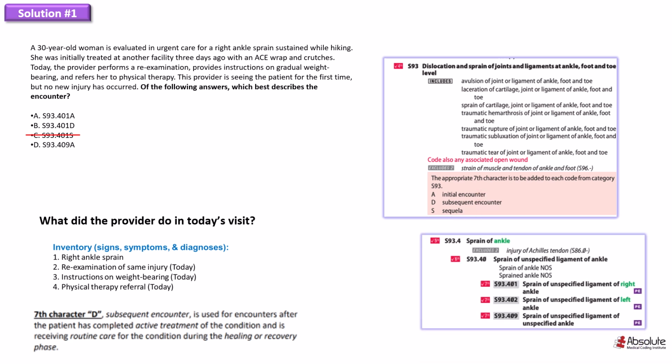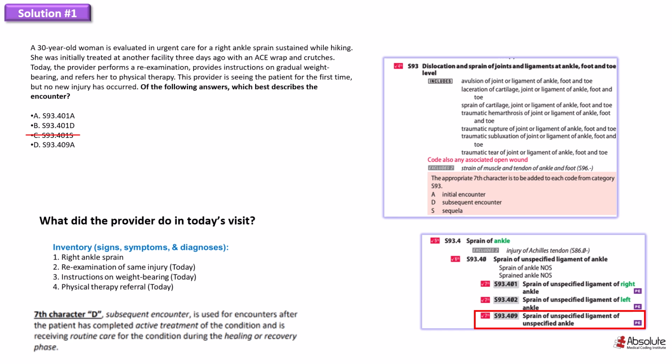Now let's look up our code. S93.4, sprain of ankle. We've got two different codes here in our answer. We have 401 and 409. And if we look at 409, this is sprain of unspecified ligament of unspecified ankle. All right, coders, our ankle is specified, right? Yeah, it's the right ankle.